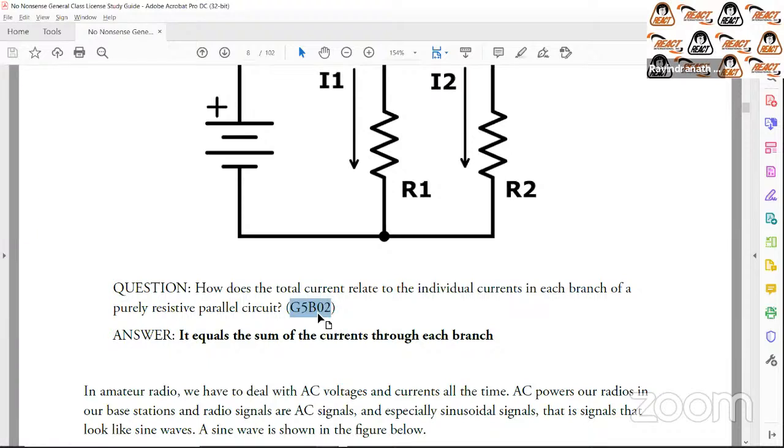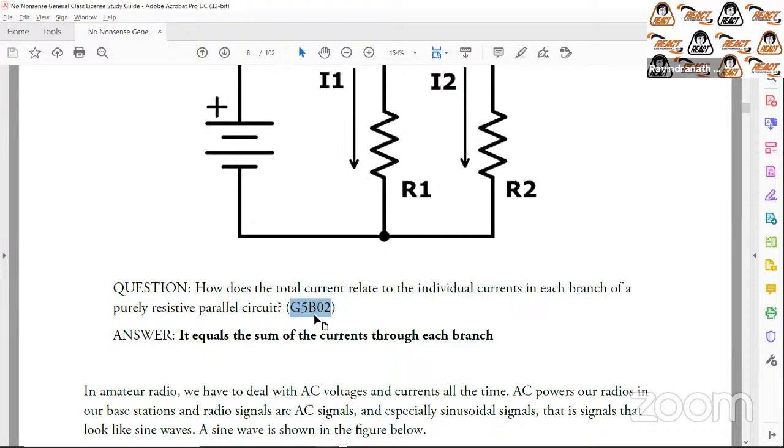If you would like to refer back to the question pool to see the wrong answers, look for the number. If you're looking at a PDF on your computer, hit Control F, type in this number and it will take you straight to that question, so you can see the wrong answers or distractor answers.